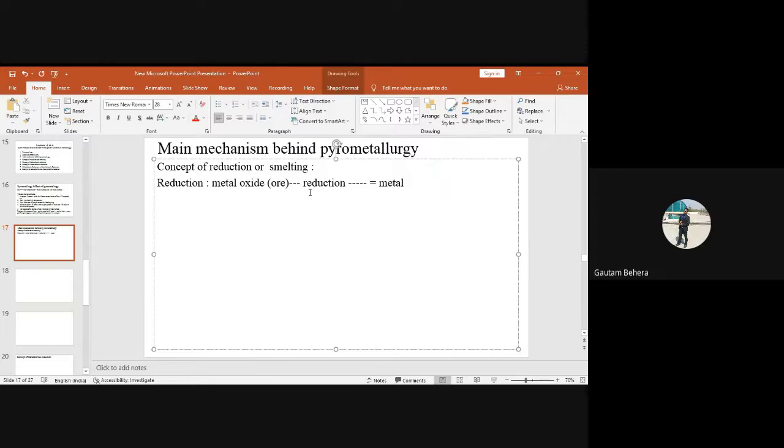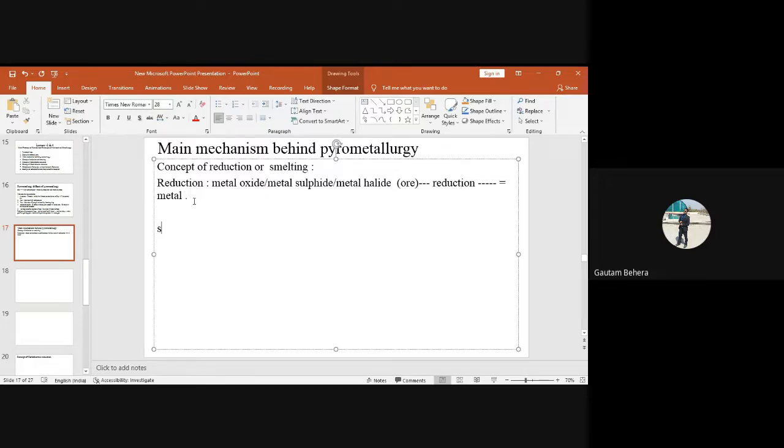You have a halide ore, it will become metal. So this is a reduction process simply. Metal oxide, or I can write metal sulfide or metal halide, which are ores. So your ore may be in oxide form, sulfide form, or halide form. If you do reduction, they will become metal. Fine.